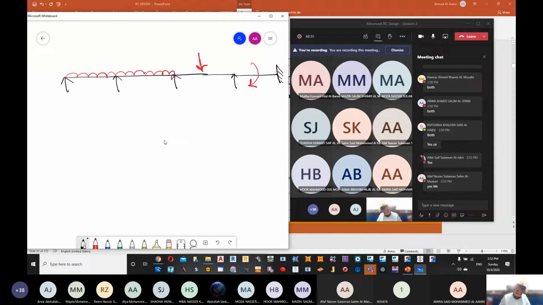Now, how to draw the bending moment diagram?